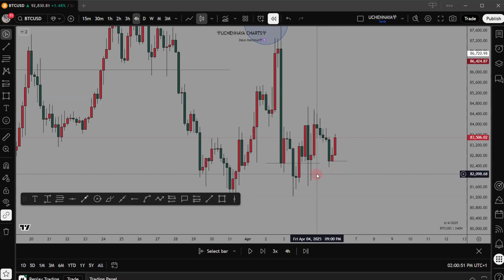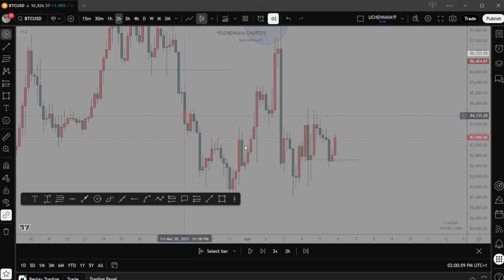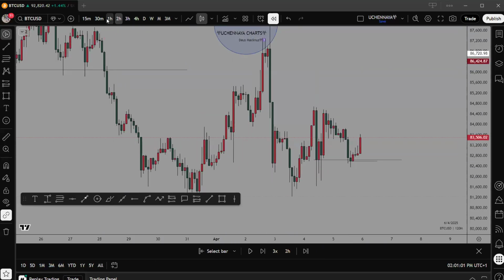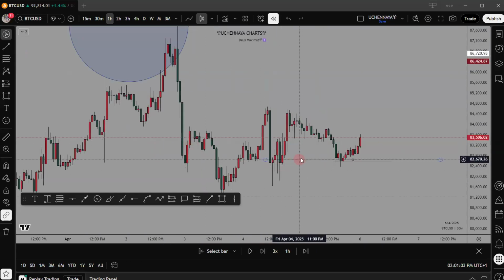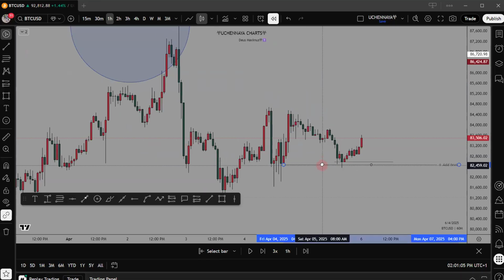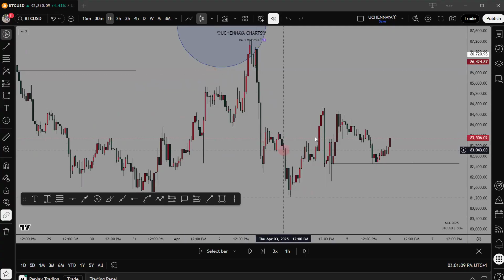Now, if you wanted to take any entry on H4, this would have been your entry. You can decide to refine on 2 hours, on 1 hour, wherever. You can decide to refine to this level. You can decide to refine and then exit at the nearest obstacle.